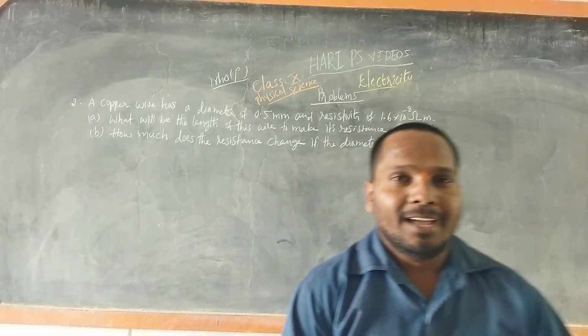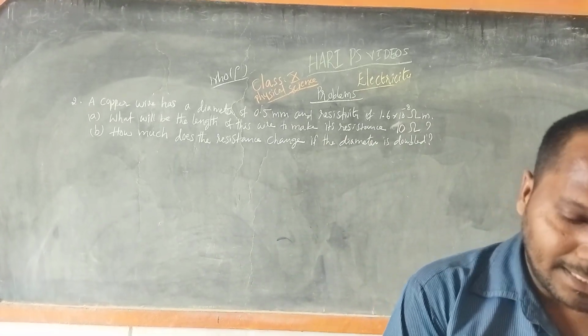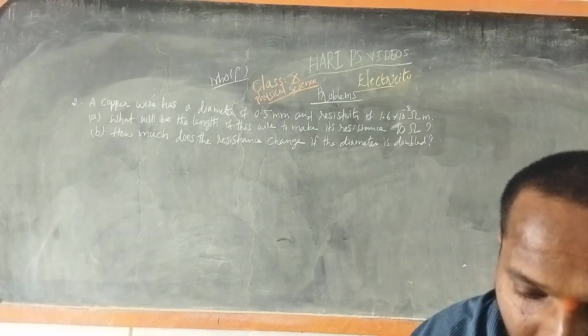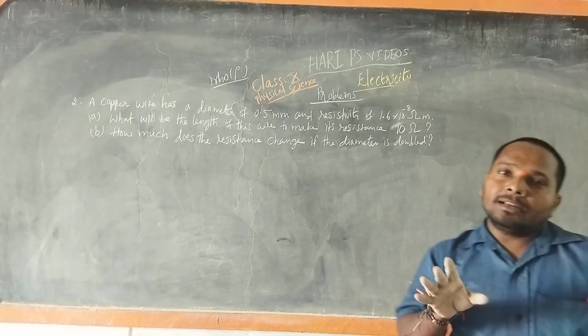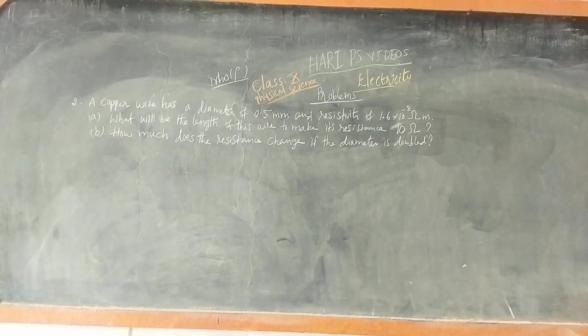So now understand the problem. For understanding, read the problem twice or thrice. A copper wire has a diameter of 0.5 millimeter and resistivity of 1.6 into 10 power minus 8 ohm meter.